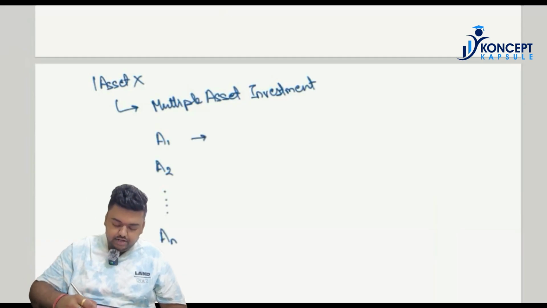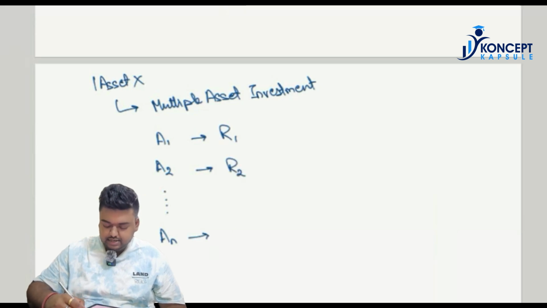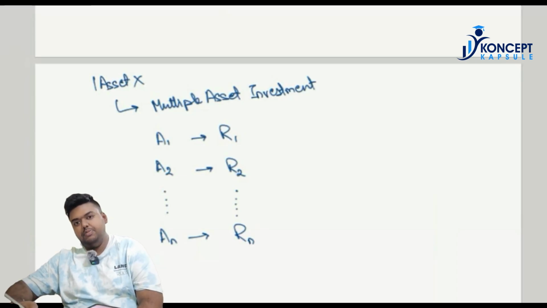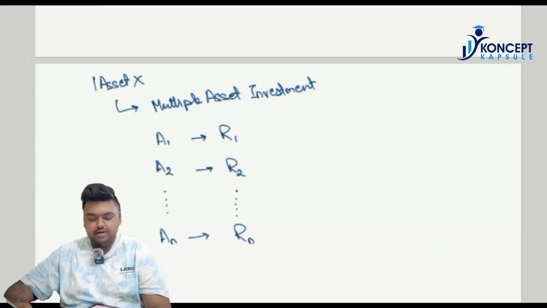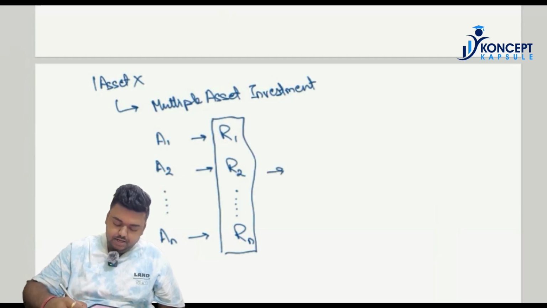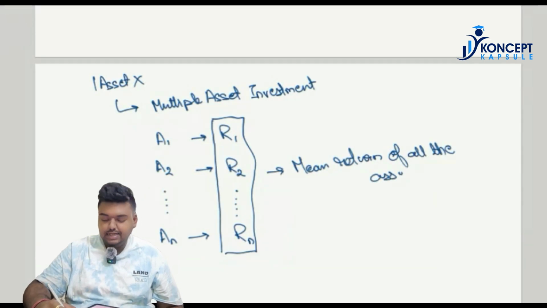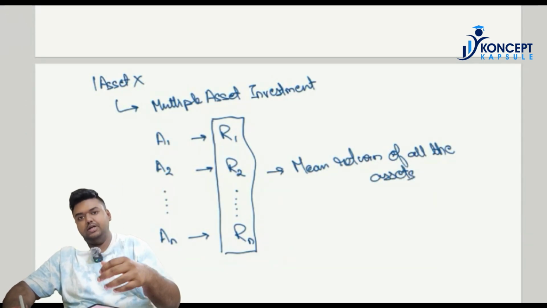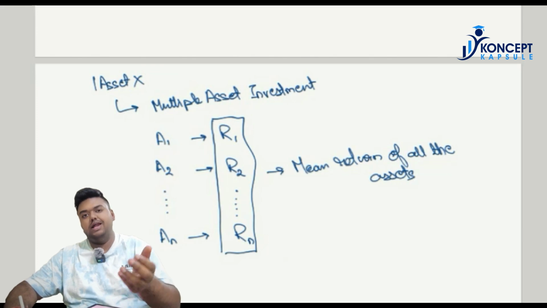Asset 1 will give a return of R1. Asset 2 will give a return of R2. Similarly, asset n will give a return of Rn. Yes or no? Multiple assets, multiple returns. What arithmetic mean return is saying is, what is the mean return of all the assets? So basically, in a very loose sense, what is the average return you have earned on your assets?